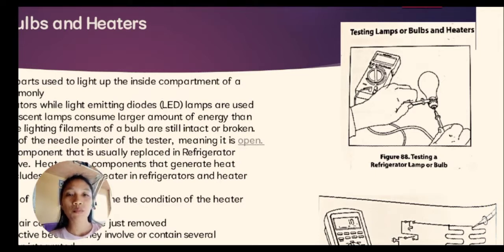The LED lamp is found inside the refrigerator. It is considered an electronic component that is usually replaced in the refrigerator lamp or bulb.